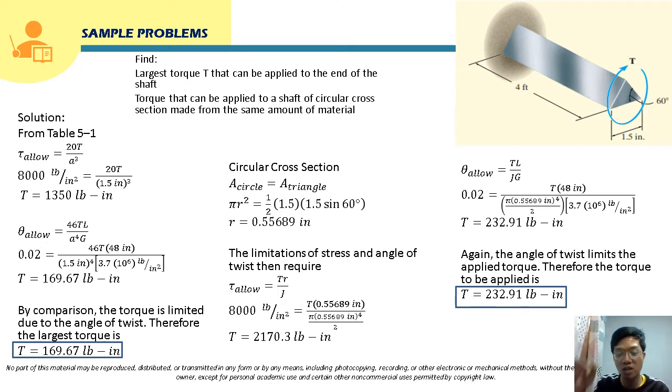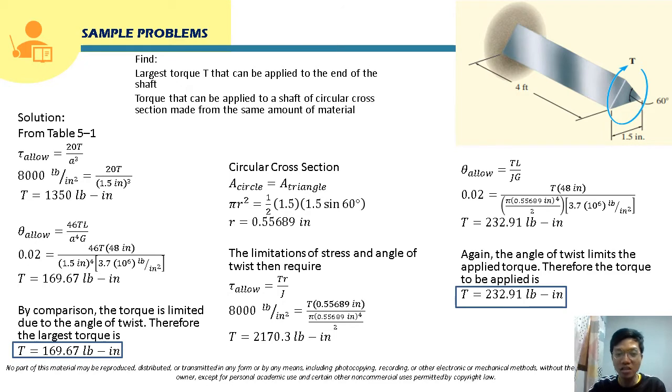And class, from here we can compare the results for the circular and the equilateral triangle cross sections. It can be seen here, class, that a shaft of circular cross-section can support 37% more torque than the one having a triangular cross-section.